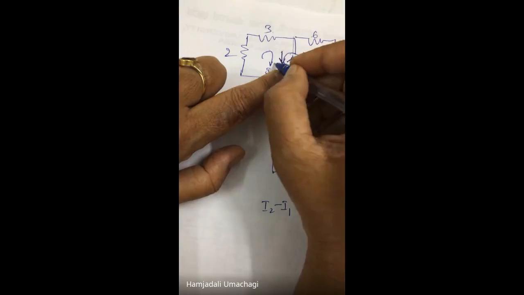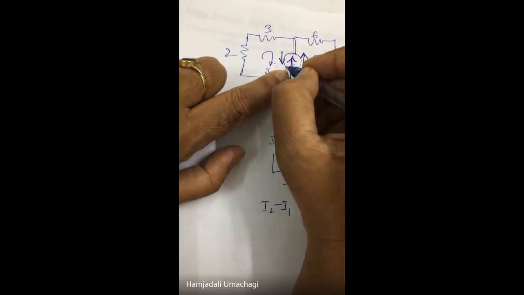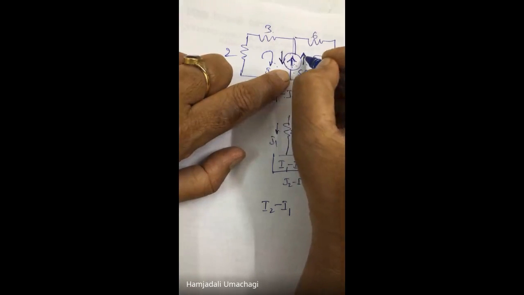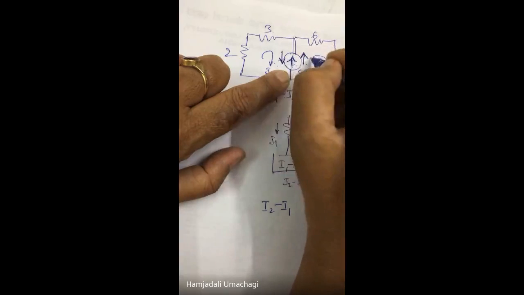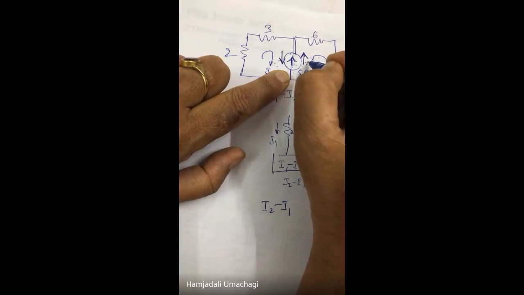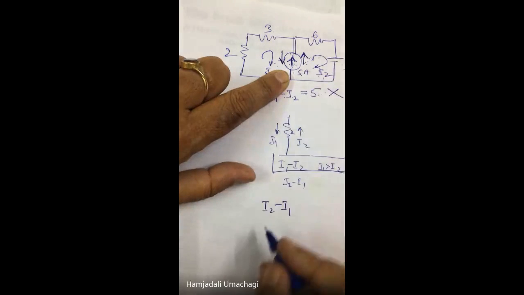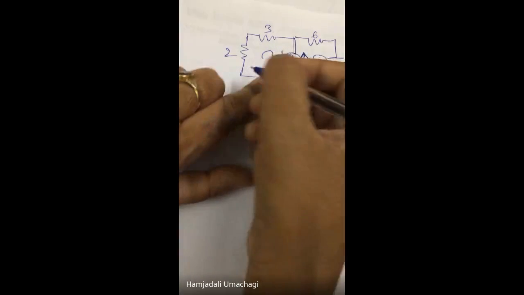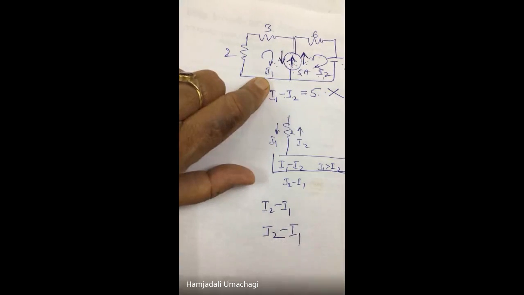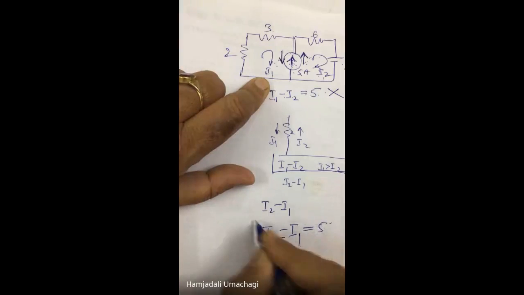Which loop current has the same direction? Out of these two, I2 has the same direction as the source current. Take that current first and subtract the other current from it. That is equal to 5 ohm.